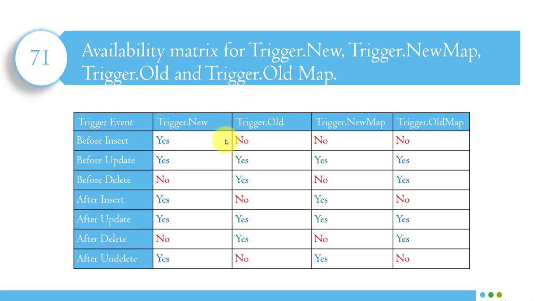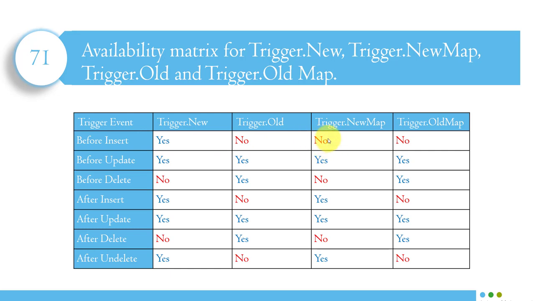And understand carefully what is happening when I am inserting a record, whether I'm getting trigger.new, trigger.old, trigger.newmap, and trigger.oldmap. So for before insert, we have just learned about the difference between trigger.new and trigger.newmap. Even though trigger.new is available in before insert, trigger.newmap is not available.